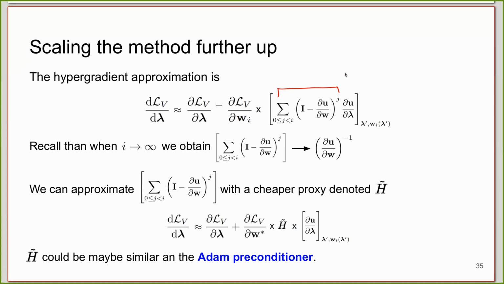If this looks a bit like a Hessian, maybe you can approximate it with something, I don't know, you have methods like Adam that scale the gradients. Maybe there could be opportunities to replace this with something similar to what Adam would get, but operating on this thing instead of the normal gradients. I don't know. This is something that I didn't try, and I think it would be interesting for someone to explore these directions more.